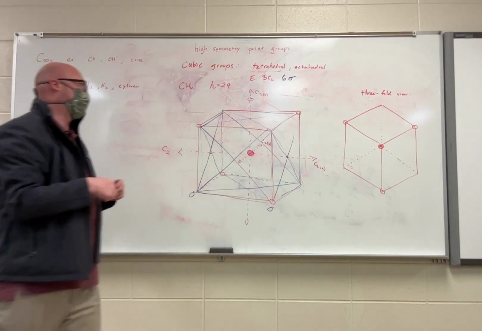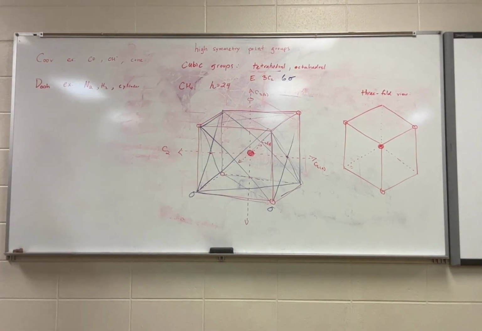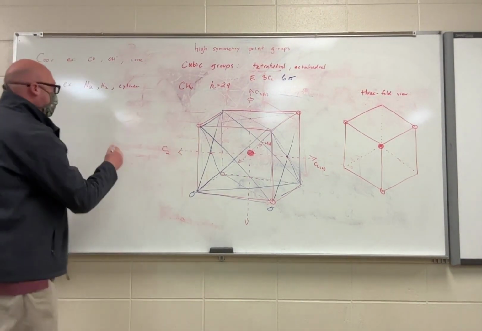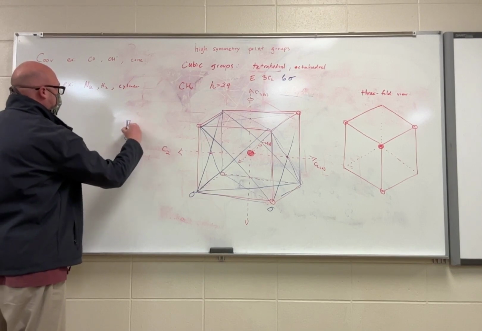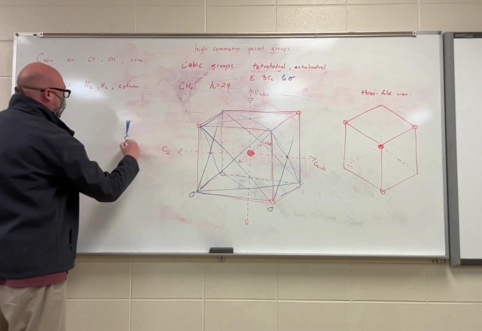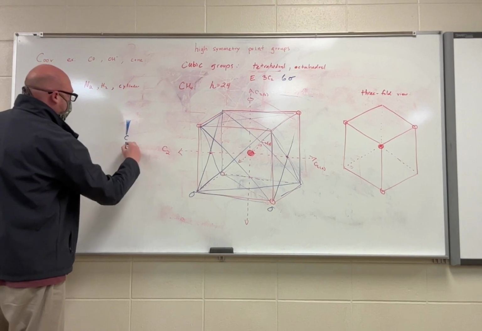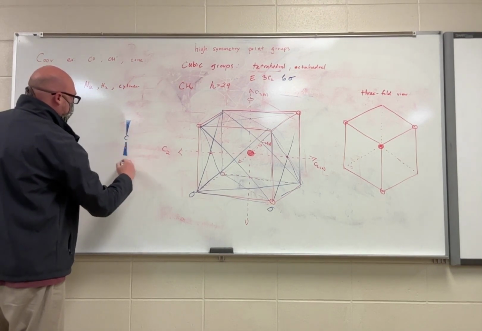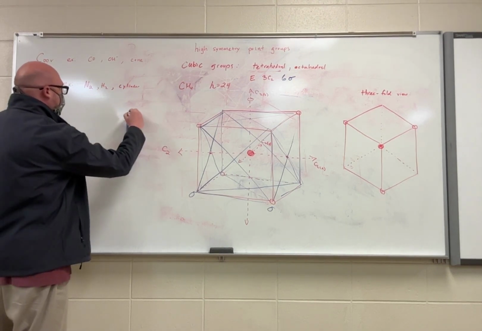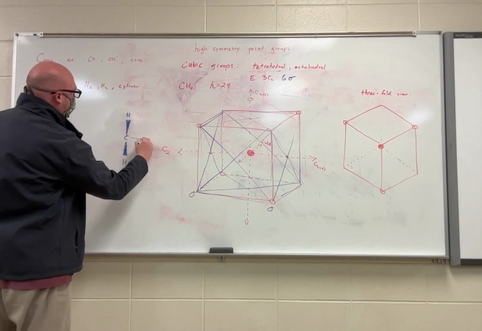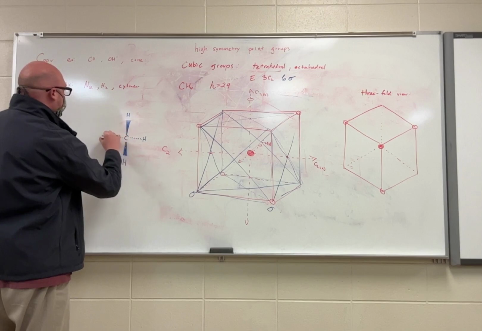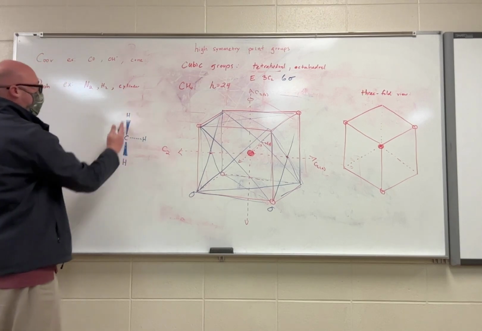reflection planes. And maybe an easier way to visualize that is remember this view of the tetrahedral molecule. If I look along any one of those CH2 wedges, edge on, such that one is coming towards you, one is going away, I have a mirror plane here and here.